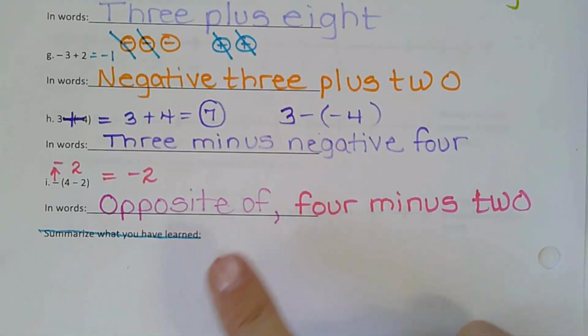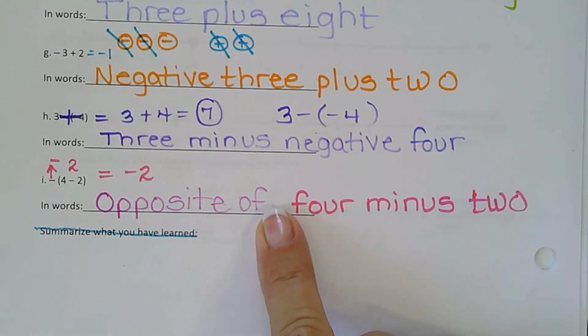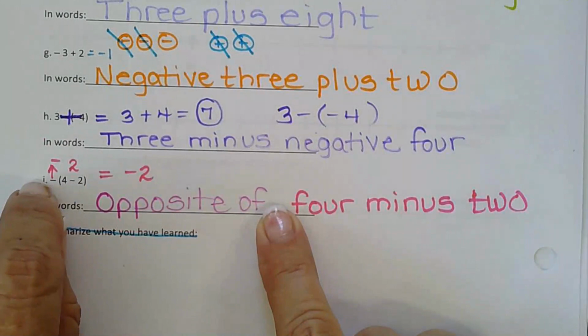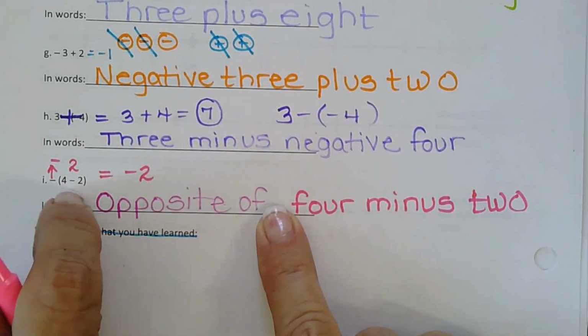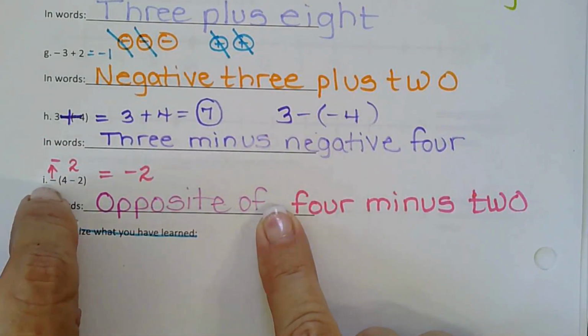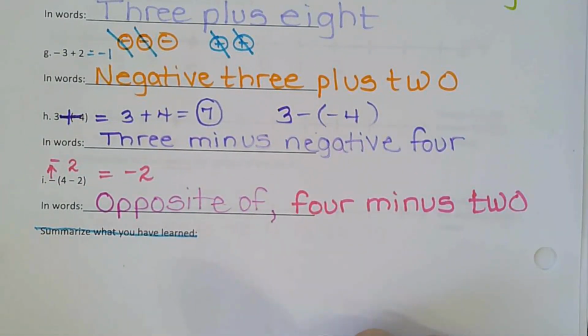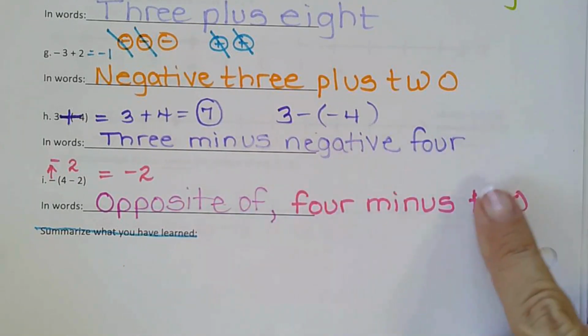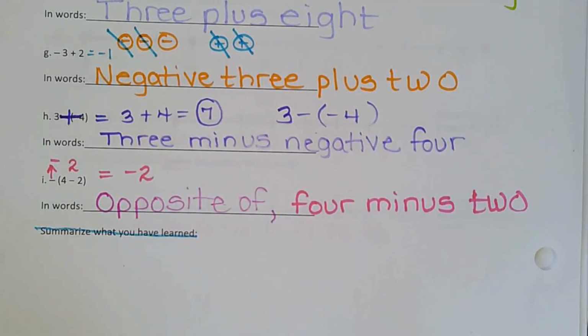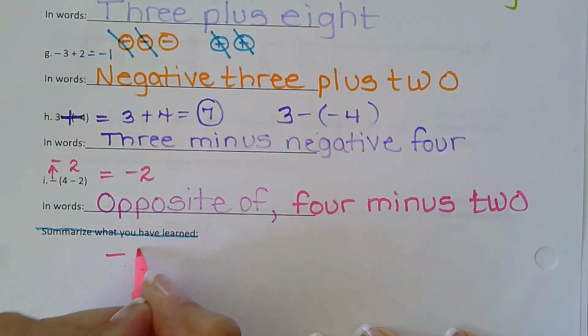Because without some note, if you wrote it without the comma, it would just mean opposite of 4. And this means the opposite of the answer of 4 minus 2, not just the opposite of 4. So that's why the comma must be there, to show that first do this, then do the opposite. Because these two things are very different.